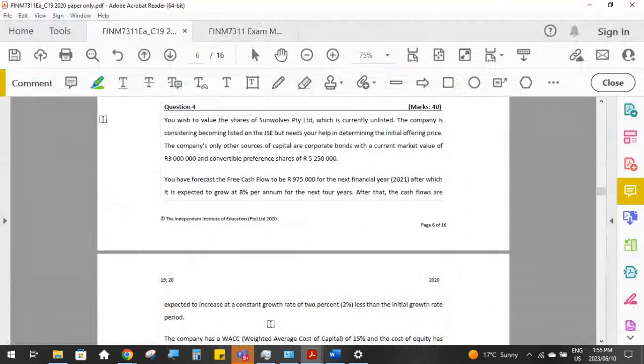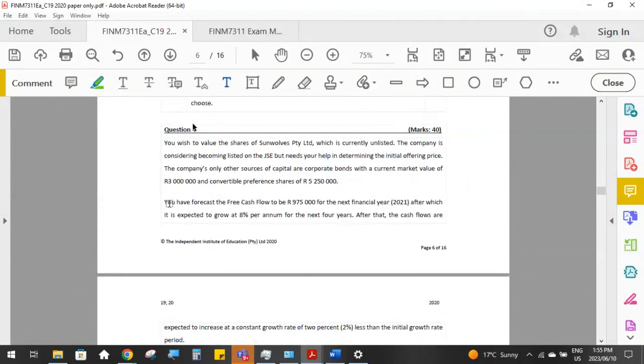All right, so let's have a look at this. This is a 40-mark question. It's a really nice question, and this question really tests your understanding of certain principles. It comes from Learning Unit 5, Share Valuations. And if you look in your textbooks, you've got question 5.2 in your textbooks. And this question is very similar to question 5.2.